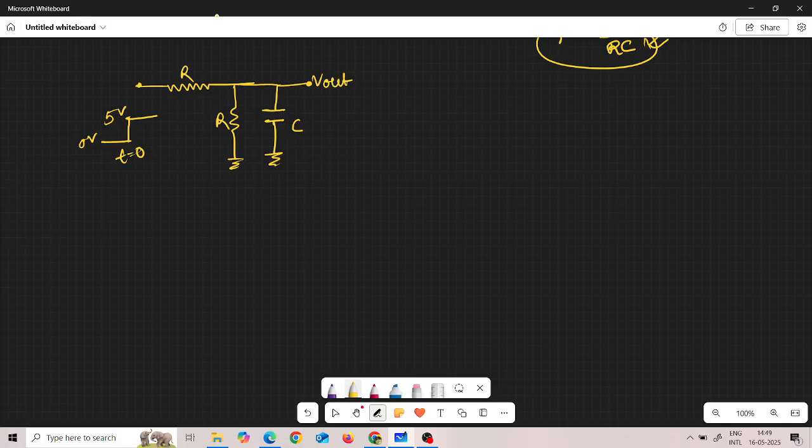Let me know the expression of the output voltage, taken with respect to the resistor, and the expression of the total current I. Please let me know the answer in the comment.